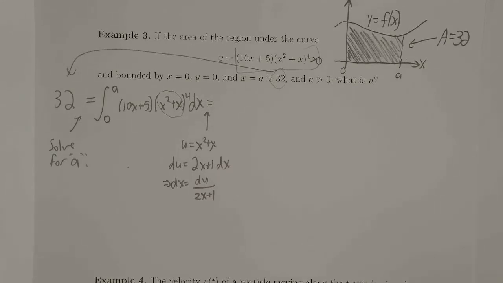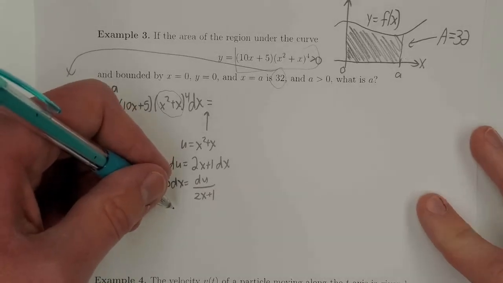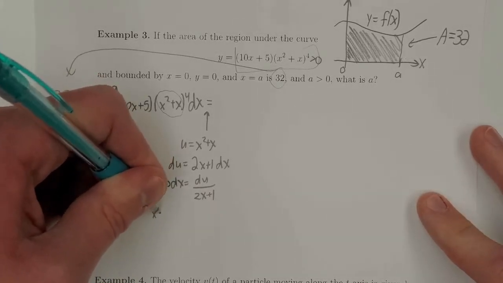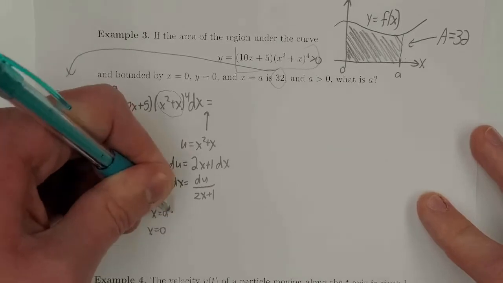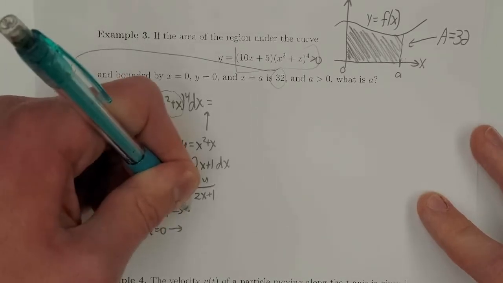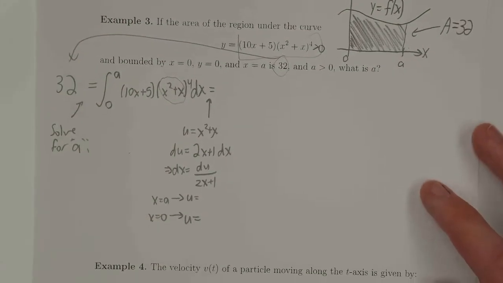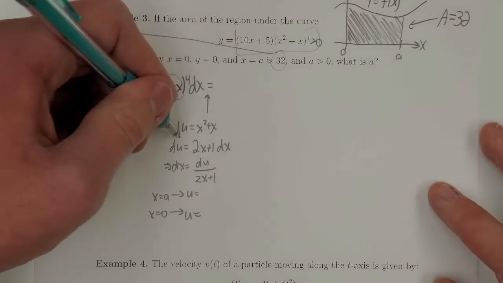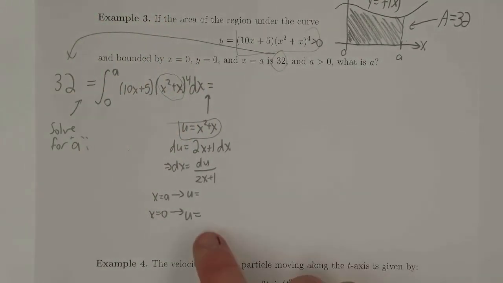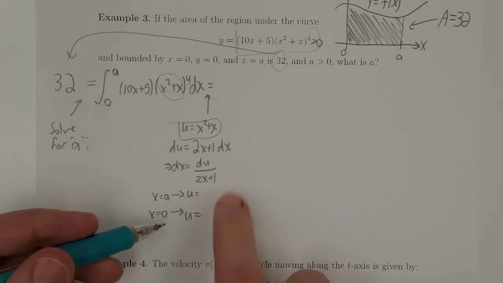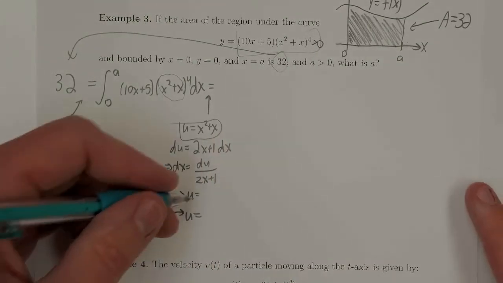But we also need to change the bounds as well, right? So we also need to take into account, so if x equals a and x equals 0, then we need the corresponding u values, right? So if u equals x squared plus x, well, if we just let x equals 0 here, well, that should pretty quickly get us 0.